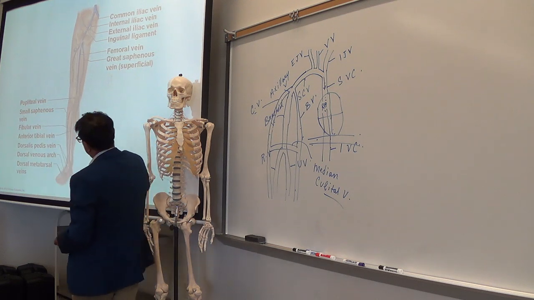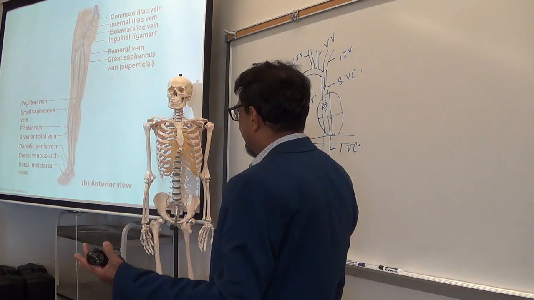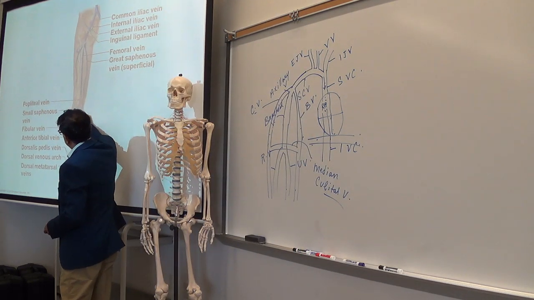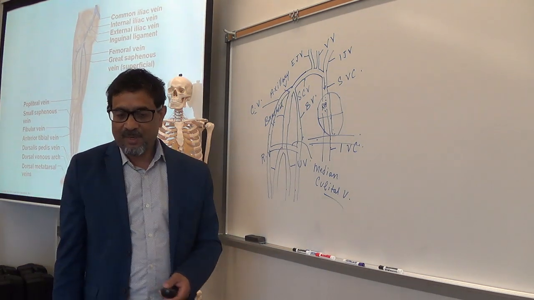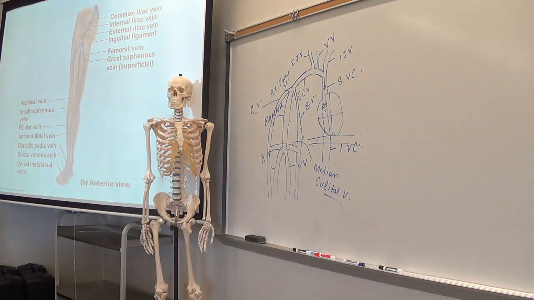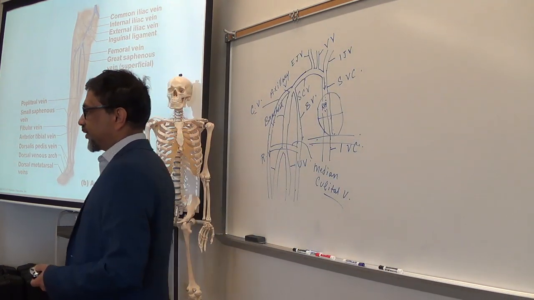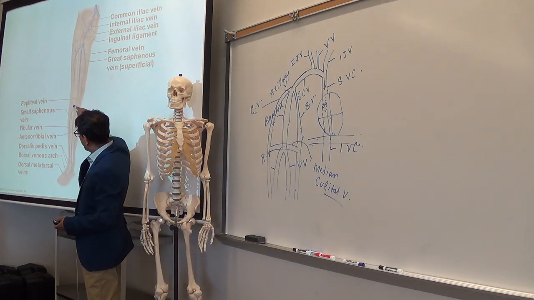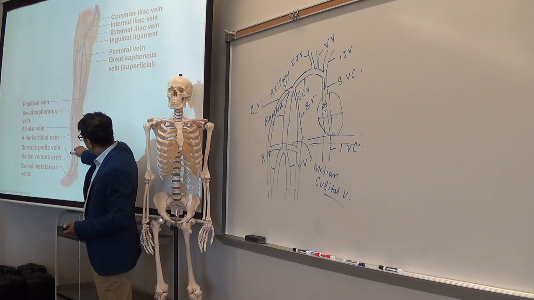When it goes to the back of the knee, it is called the popliteal vein, same as the artery, and then it gives another branch, the small saphenous. So in the arterial system, you don't have saphenous. In the venous system, you have two saphenous, great saphenous and small saphenous. Other things are very identical. So this is the small saphenous.